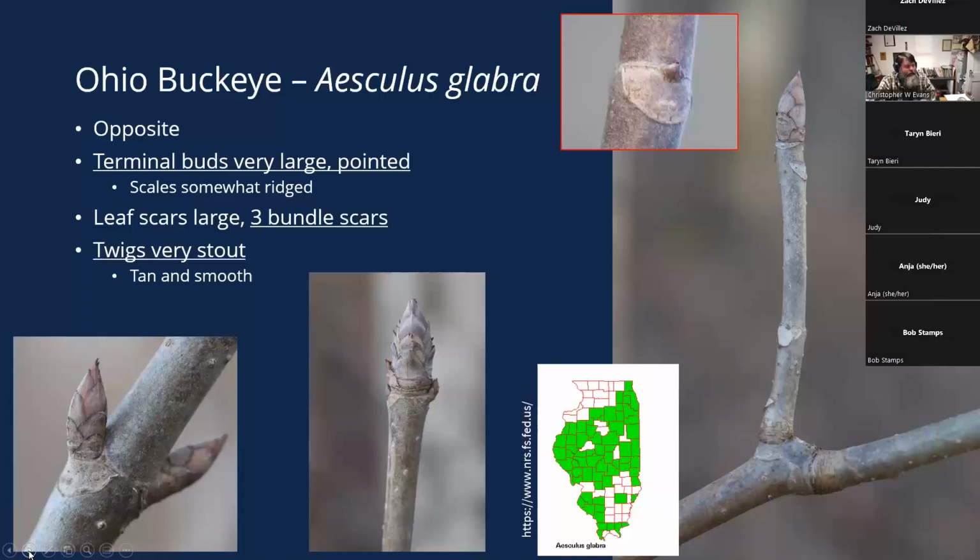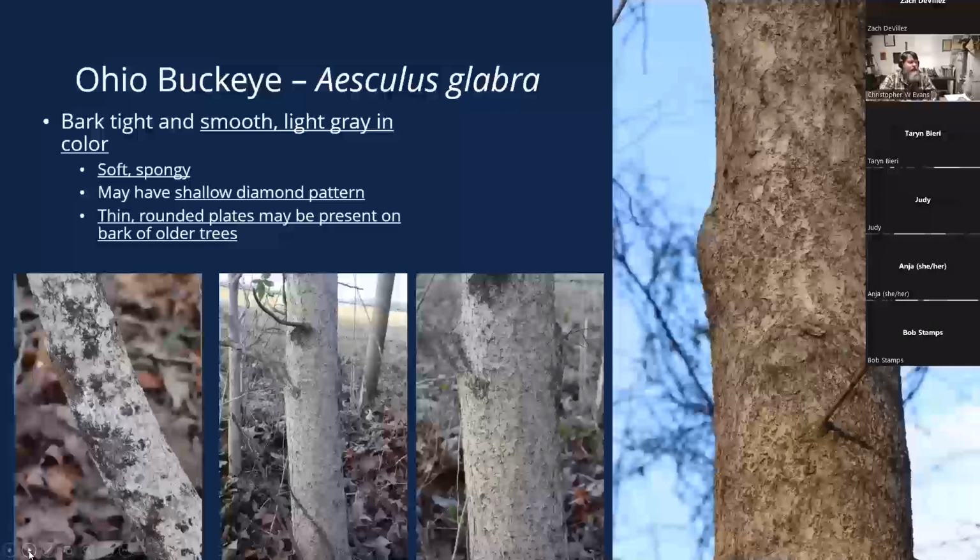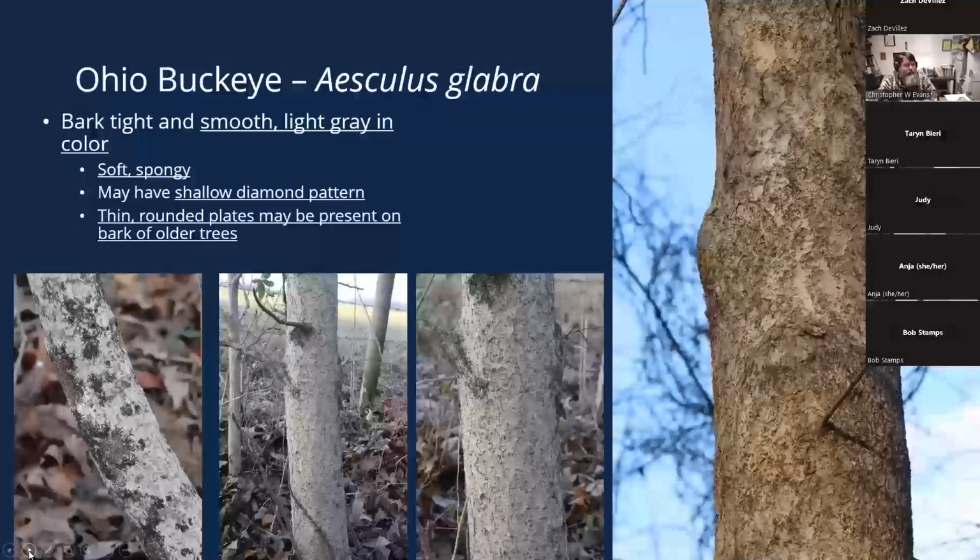And then if you look at the leaf scars of Ohio Buckeye, they're going to be big, stout leaf scars with three noticeable bundle scars inside of them. But overall, big, thick, opposite twigs with really big terminal buds will get you to Buckeye. It really looks like nothing else. The bark is tight, smooth, light gray in color.